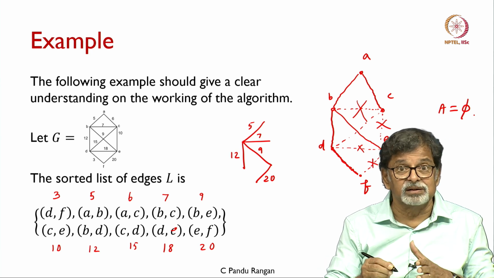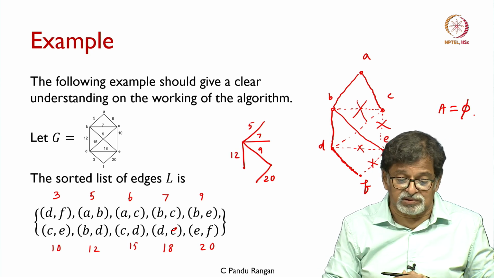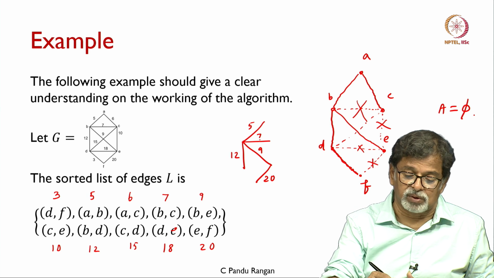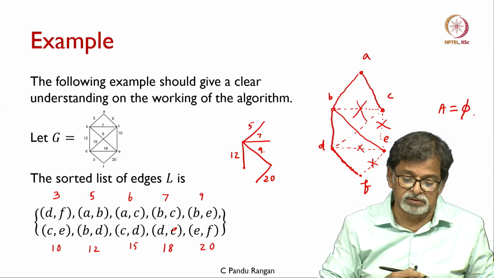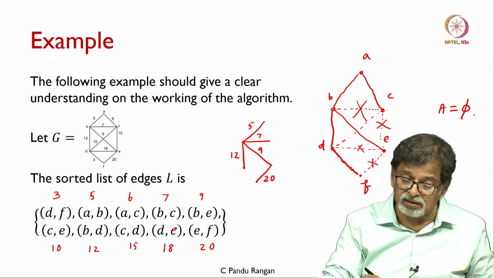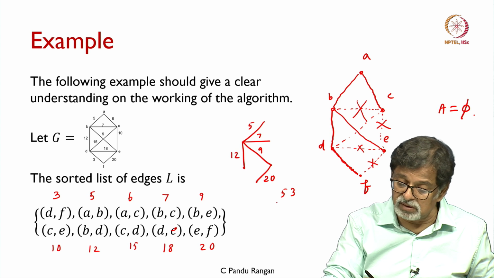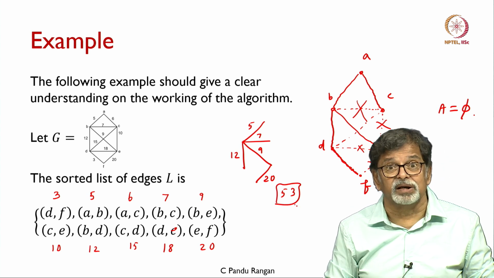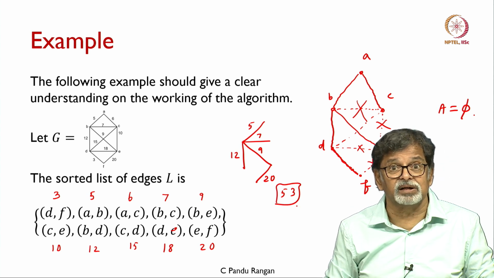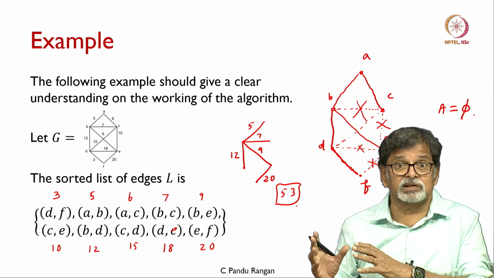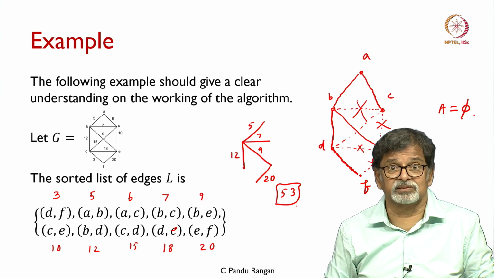This is also a tree, but what about its cost? Now 12 plus 12, 24, 33 and the cost is 53. This is a spanning tree, but its cost is 53. We have got already a spanning tree with cost 36.